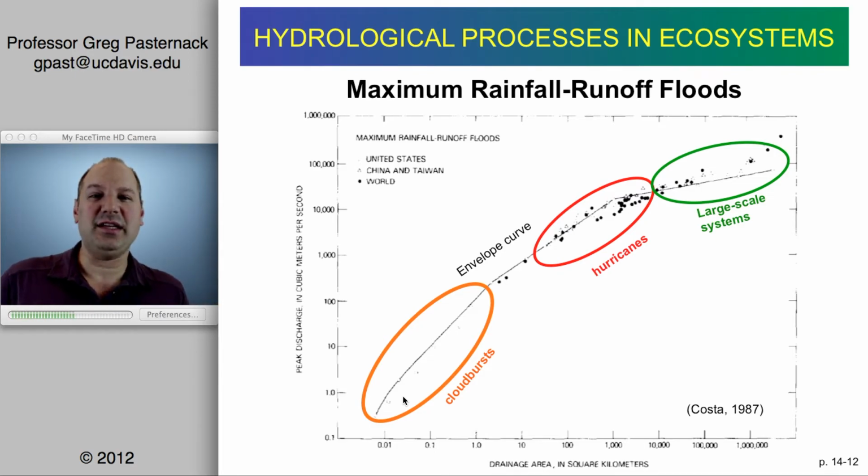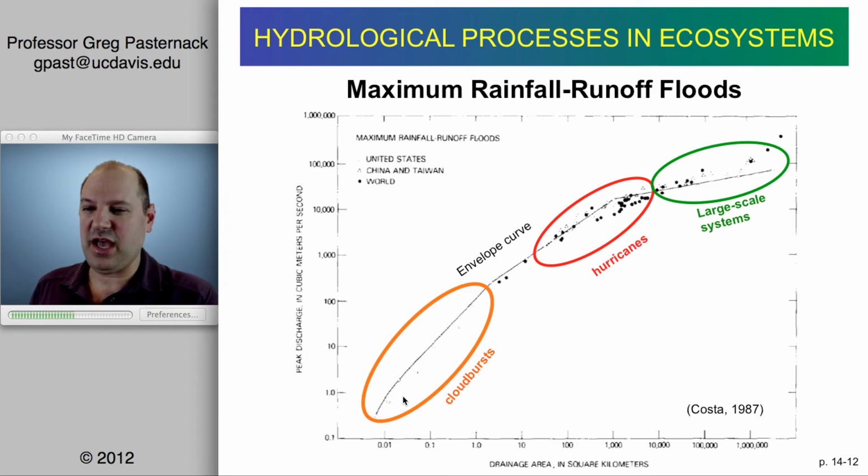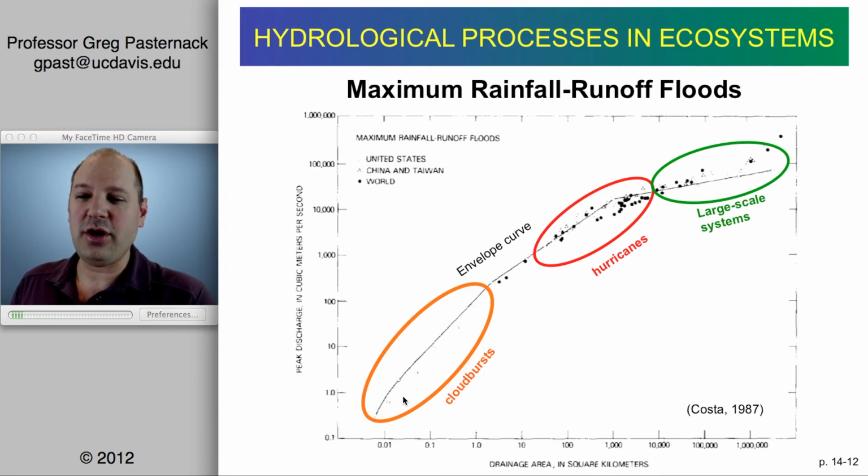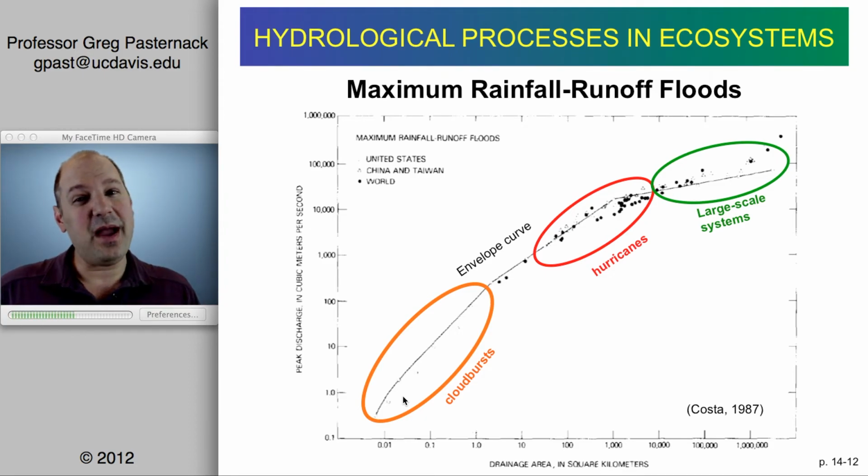And the reason for that is that even if one part of a watershed is getting hammered really hard, the fact that the rest of the watershed might be quite dry means that by the time you aggregate all that together in a downstream channel, you might have transmission losses or just not adding up as much.